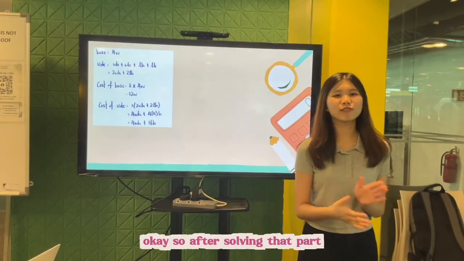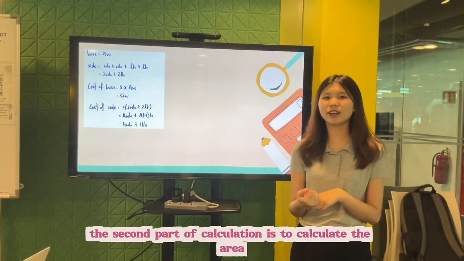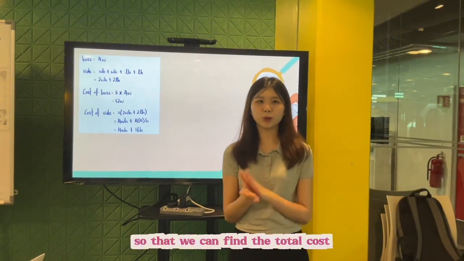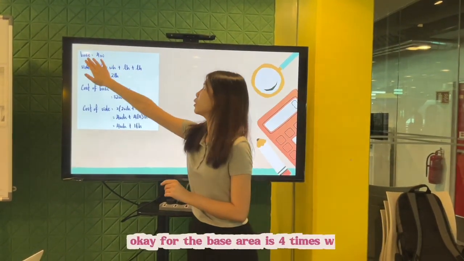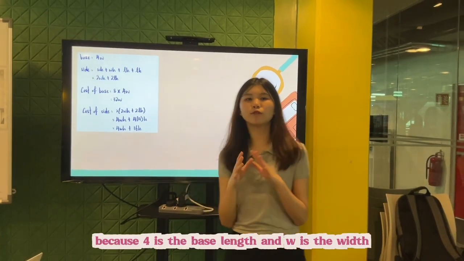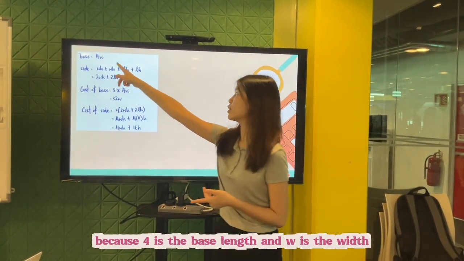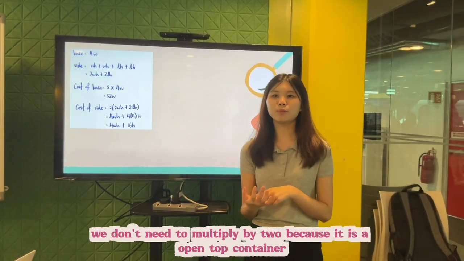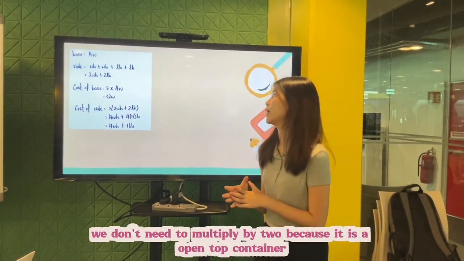Okay, so after solving that part, the second part of calculation is to calculate the area so that we can find the total cost. For the base, the area is 4 times W, because 4 is the base length and W is the width. We don't need to multiply by 2 because it is an open top container.